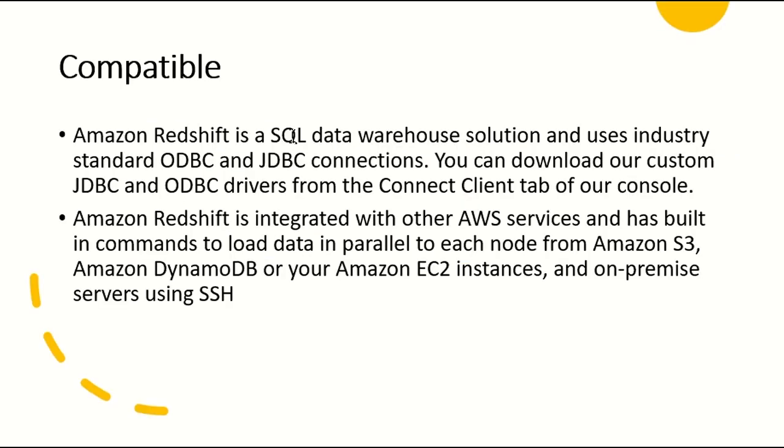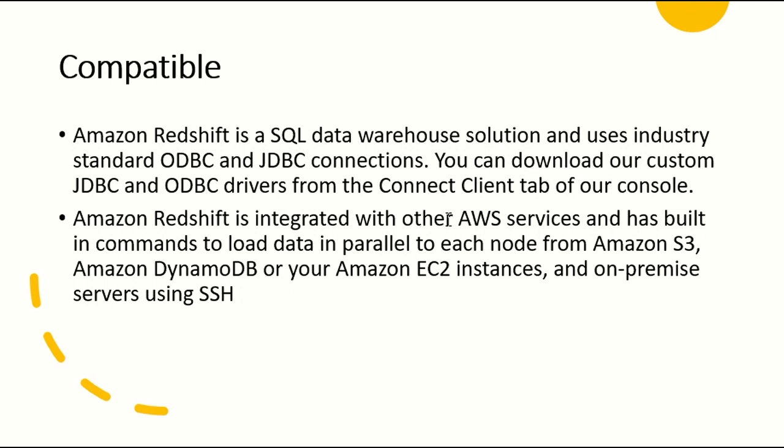Let us see how compatible Amazon Redshift is with industry standards. Amazon Redshift is a SQL data warehouse solution which uses standard ODBC and JDBC connections. You can download the custom JARs of JDBC and ODBC for Redshift from the Amazon Redshift console to connect to Redshift.